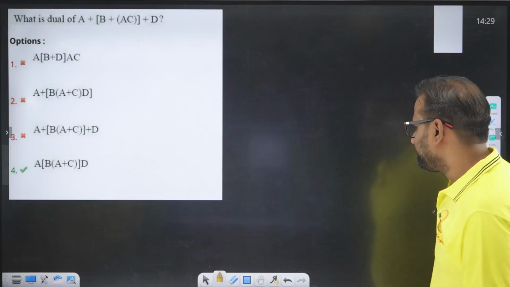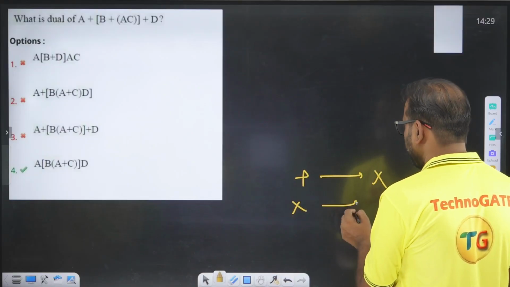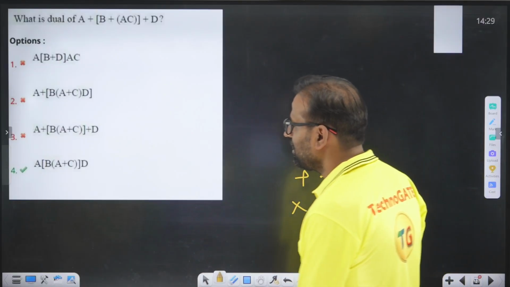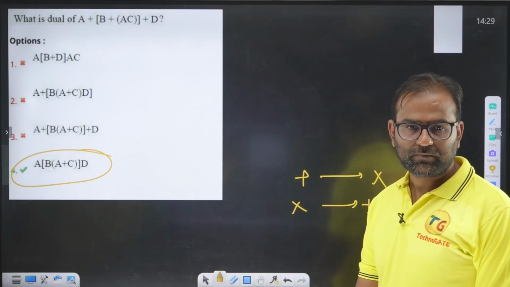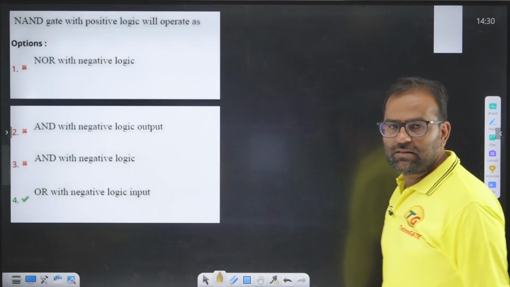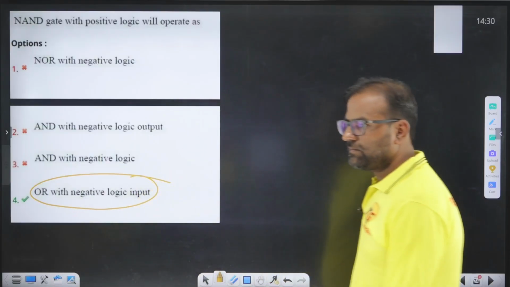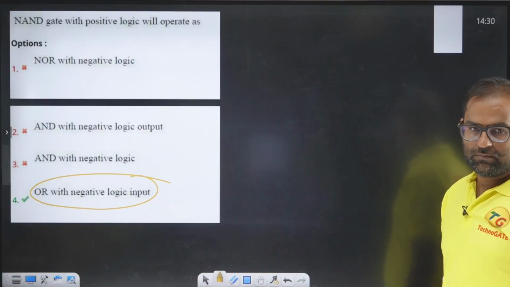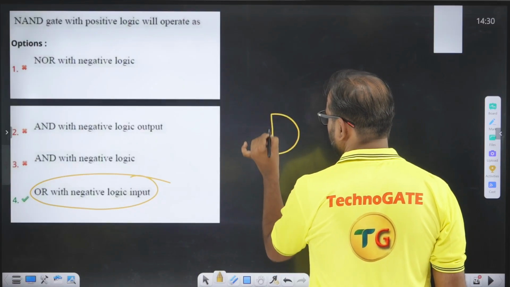What is dual? If you convert plus to multiply and multiply to plus, this is the dual expression. So which one is the dual expression? Very simple. NAND gate with the positive logic will operate as OR gate with the negative logic. Because what is a NAND gate?